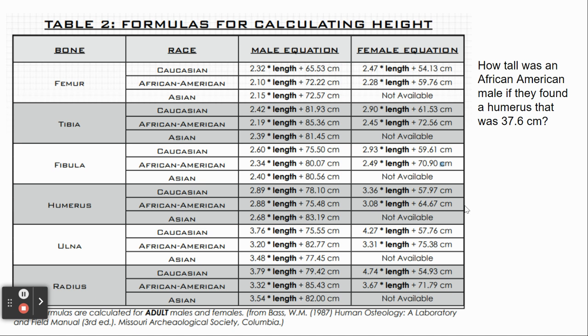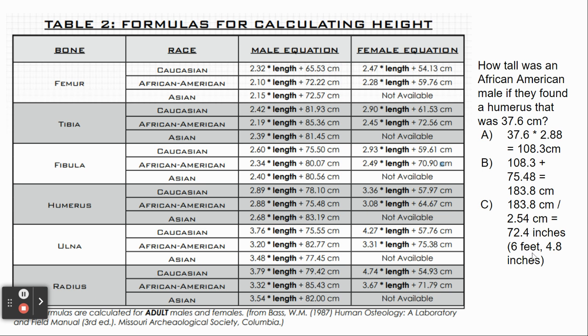If you do your math, what you're going to find out is about 183.8 centimeters, you make that conversion, and you find out that they were about 6 foot 5. Again, plus or minus a little bit, you're going to have a little bit of variation there, depending upon what that might be.